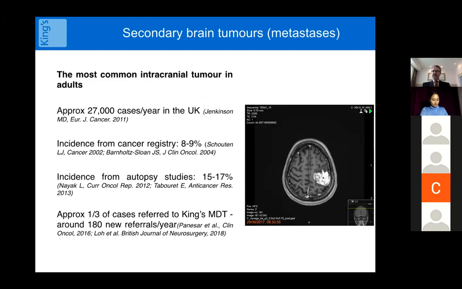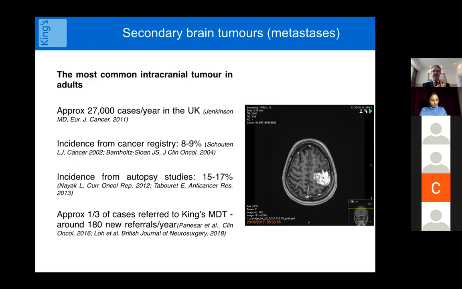The secondary brain tumors, and so this was the primary brain tumor group, the gliomas being the most common, and secondary brain tumors are the metastases. So these are tumors that start somewhere else in the body, and then they eventually spread to the brain. These are the most common tumors that we see in the adult population.